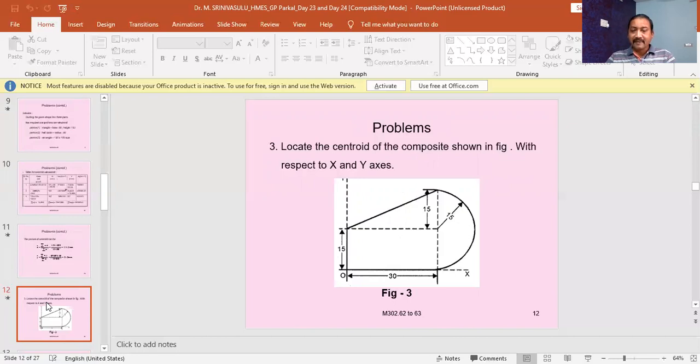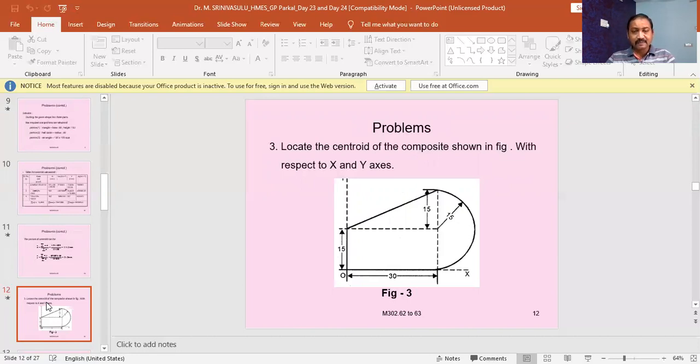The rectangle has a width of 30 millimeters and a depth of 15 millimeters, whereas the triangle has a base of 30 millimeters and a height of 15 millimeters, and the radius of the semicircle is 15 millimeters. Now this is the given problem.